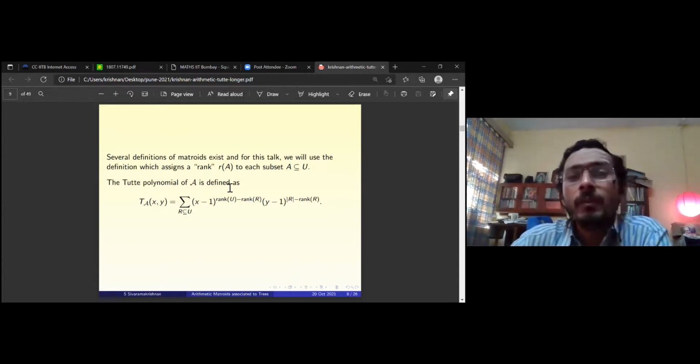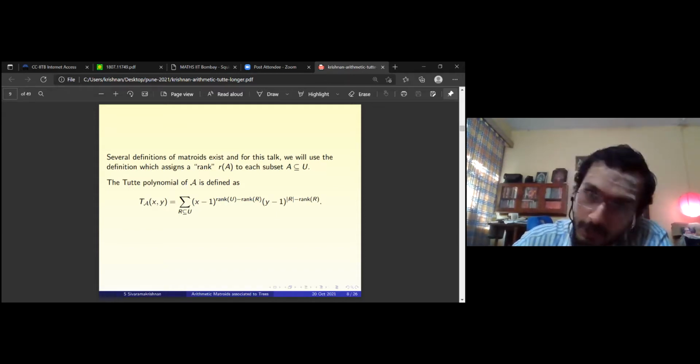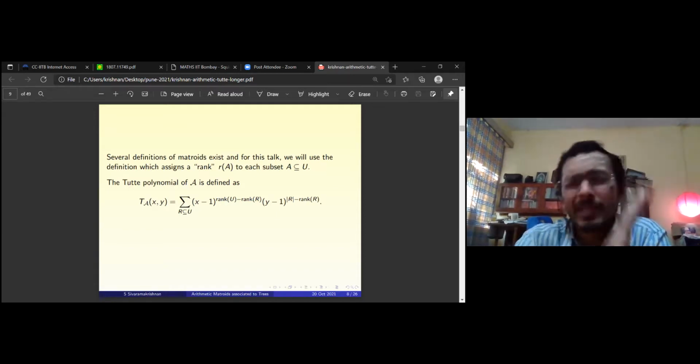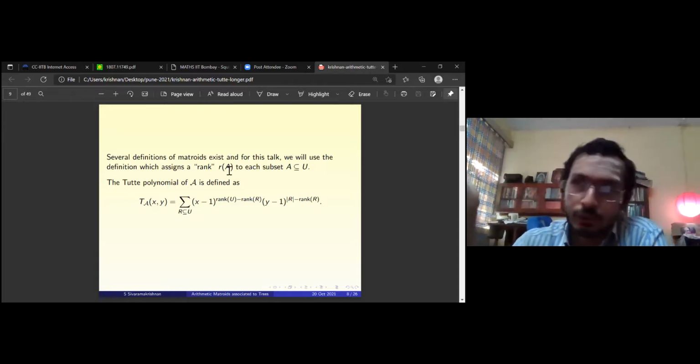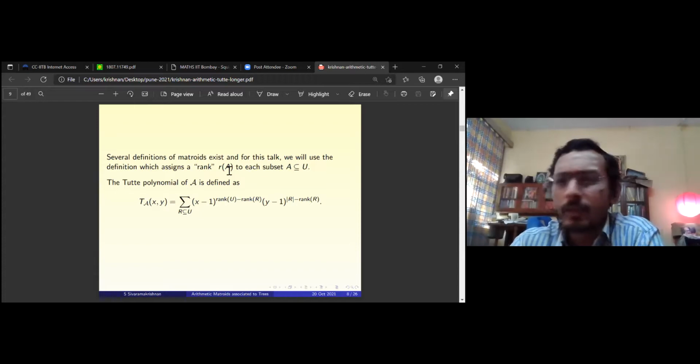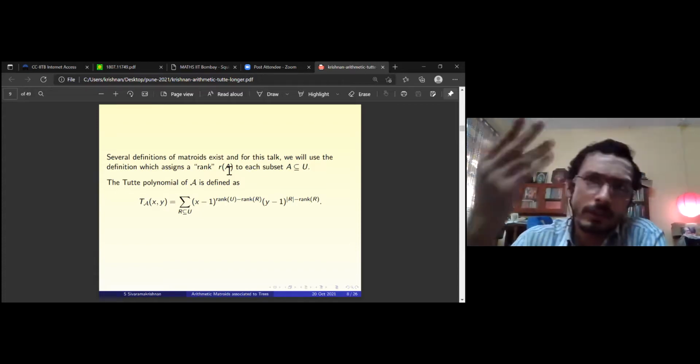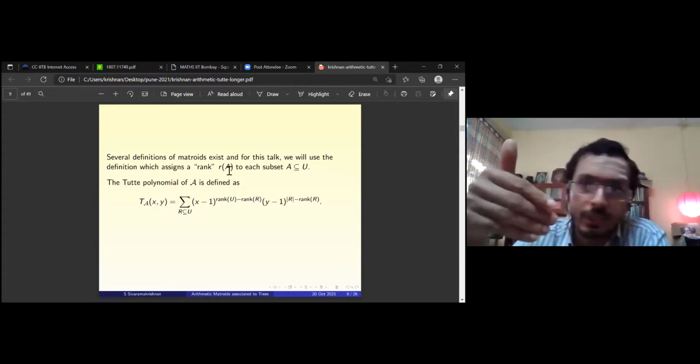So if you begin with a list U, take any subset A of that list U. For that subset A, you can associate a rank R of A. This is possible actually. If you study matroid theory, within the first 40-50 pages you will get to this, that one of the consequences of the definition is this idea of rank.